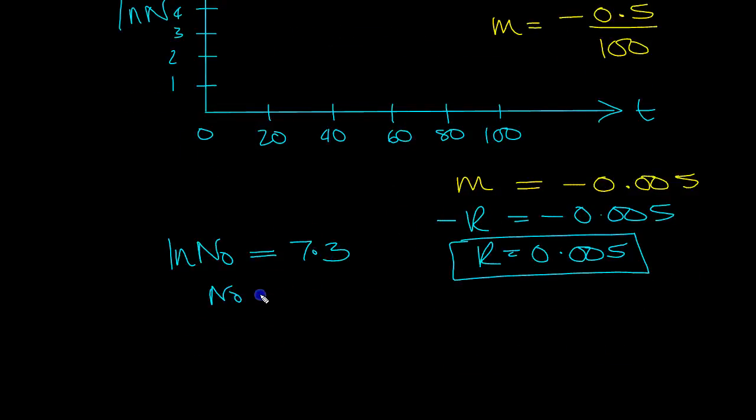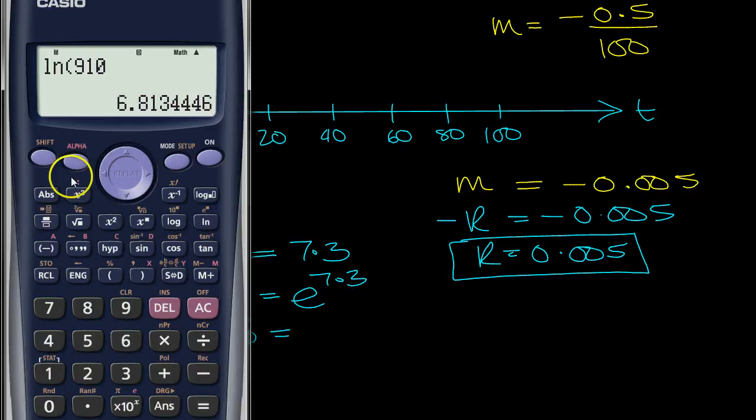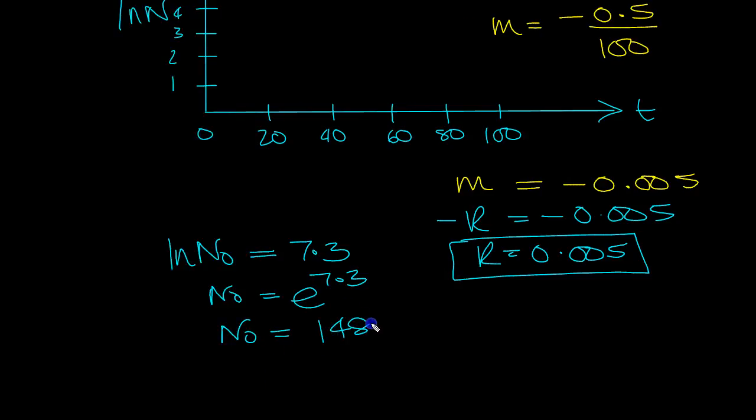So n naught is equal to e to the 7.3, which is 1480. So there's n naught. That's what was asked for the population, which is in the notes. The answer in the book is 1500, so that's quite good.